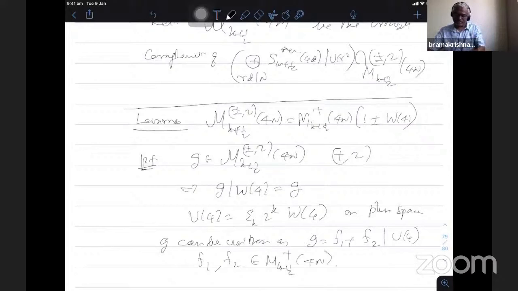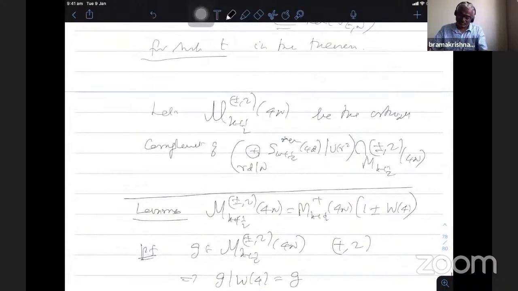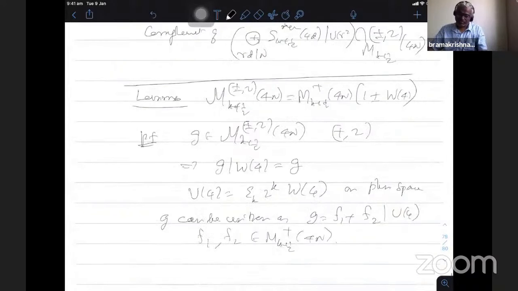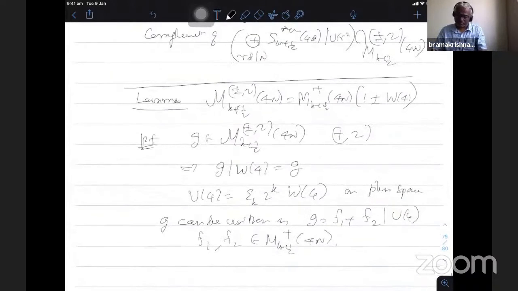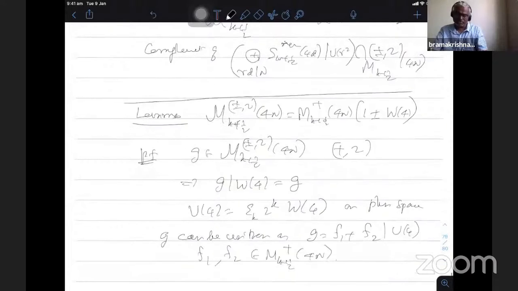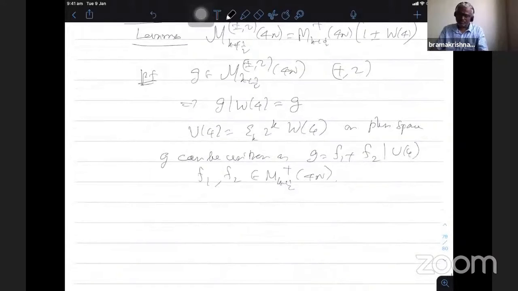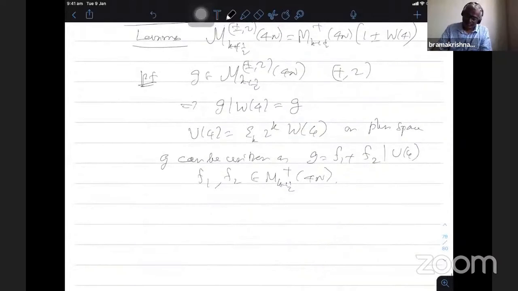All the other spaces, except for the plus 4N, the remaining spaces, are nothing but new forms in the complement space and their duplications. I have already taken out all these things, so everything goes out. Only this part remains and its duplication, which is U4. So G is written as a linear combination of these two elements only, and they come from the plus space.